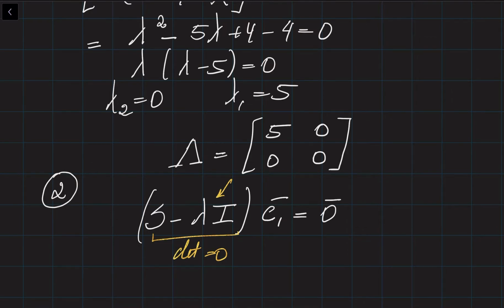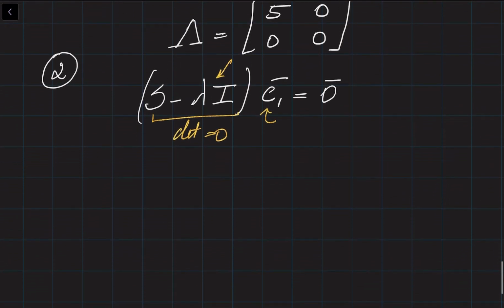It means that there are infinitely many such vectors S1 which make this multiplication equal to 0. So essentially, we are going to find just one, and then we're going to normalize it. We're going to make the length of this S1 equal to 1 in order to create the Q matrix.